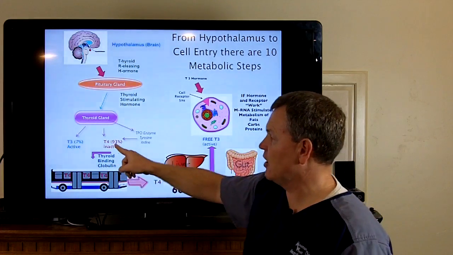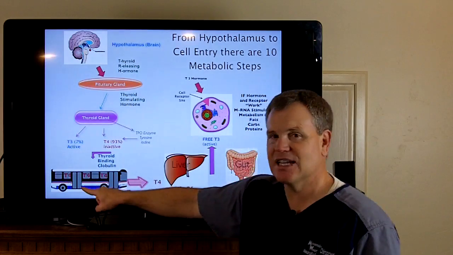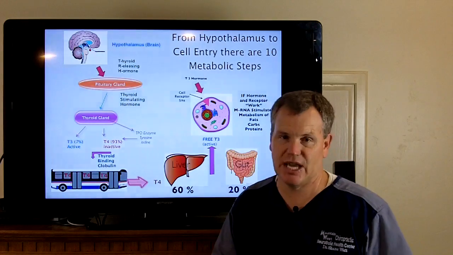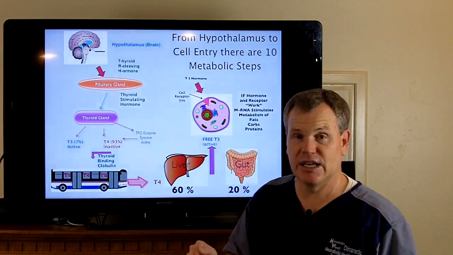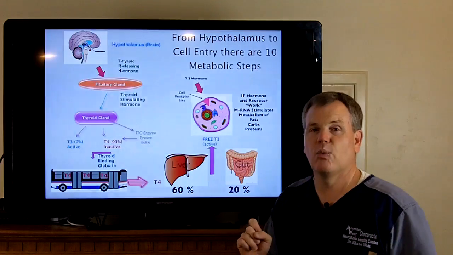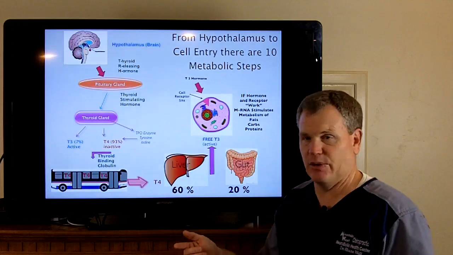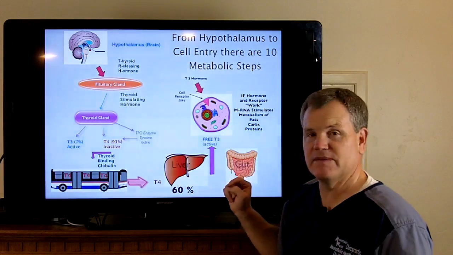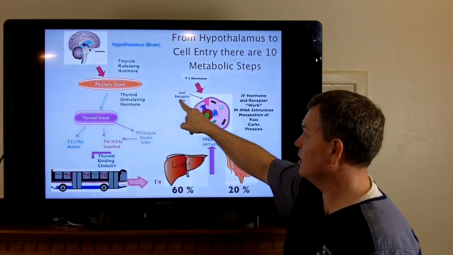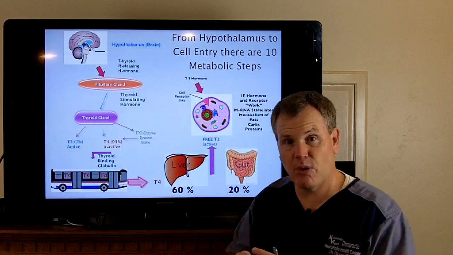So now we have to get on the thyroid bus, is what I call it, thyroid binding globulin, and that takes the T4 to the liver, where 60% of T4 gets converted into T3. It also takes it to the gut, where 20% gets converted into T3. And then we have the active form of T3, and that's what gets into the cell. We have to have a proper cell receptor site, as well as the hormone, and they have to fit properly.